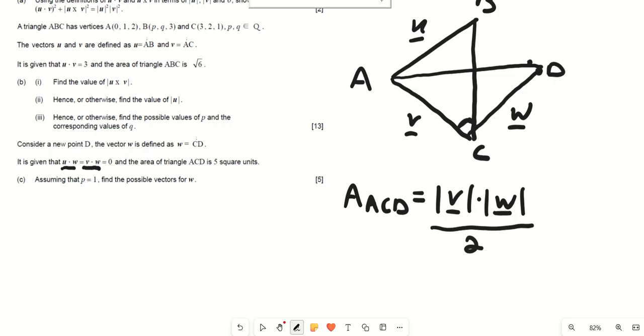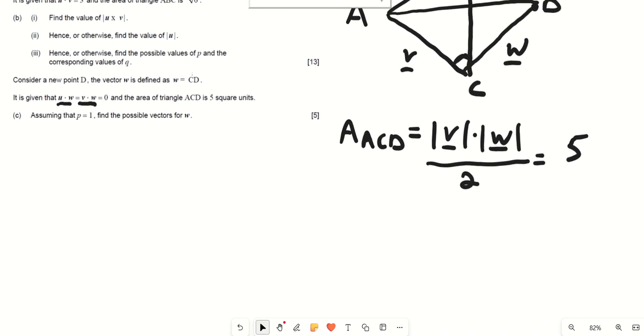So this is a right triangle, so the multiplication of these two sides over 2 is the area, and this equals 5. We already know that the length of V is the square root of 11, so we can isolate for the length of W and get 10 over square root of 11.